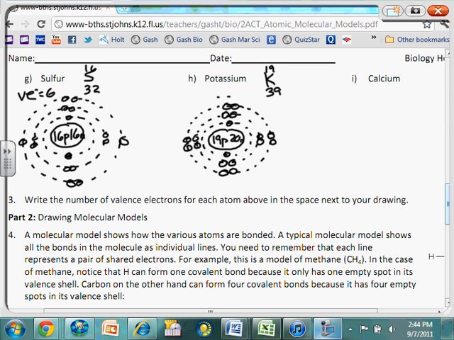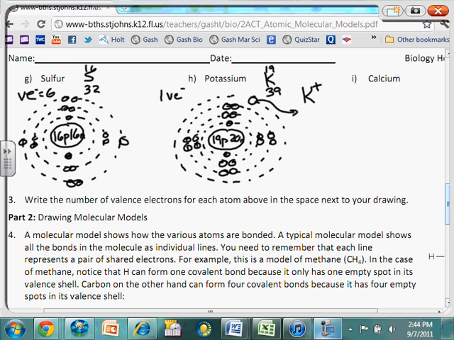So guess what? Potassium is going to have how many valence electrons? 1. 1 valence electron. So potassium is very much like hydrogen with 1, and also like sodium, which means potassium, like sodium, can become an ion. If that electron is lost, it can become the potassium positive ion.